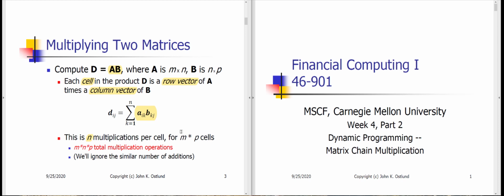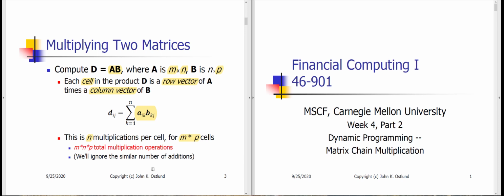We're actually adding all of these things together, so that's roughly another n, but we won't count everything twice. We'll just call this n operations. And since we have m rows and p columns in the result, then the total number of multiplications we're going to have to do is going to be m by n by p. That is the number of rows of A times the number of columns of A times the number of columns of B.